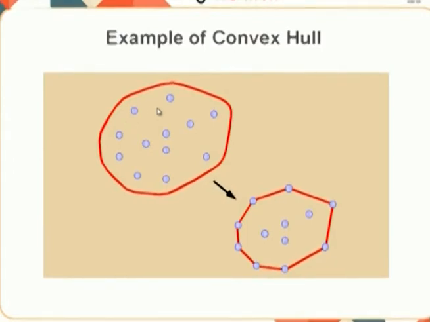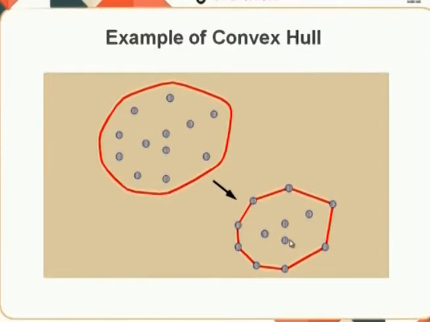The closest polygon that can be approximated is by connecting these points to get this. These points are called extremal points, and these points form the vertices of the boundary of all these points.